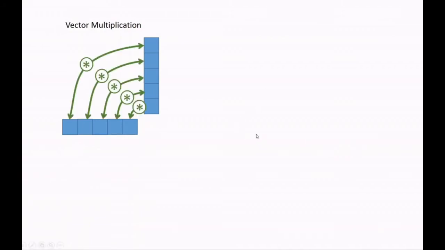If you do the vector multiplication, you take the individual position, so index 1 of vector 1, index 1 of vector 2, you multiply these two values, and then you do it for each position, and you sum the results up to get the final result. So what you need is a row vector and a column vector, and it will result in a scalar. Therefore the dimensions must fit to get the scalar.